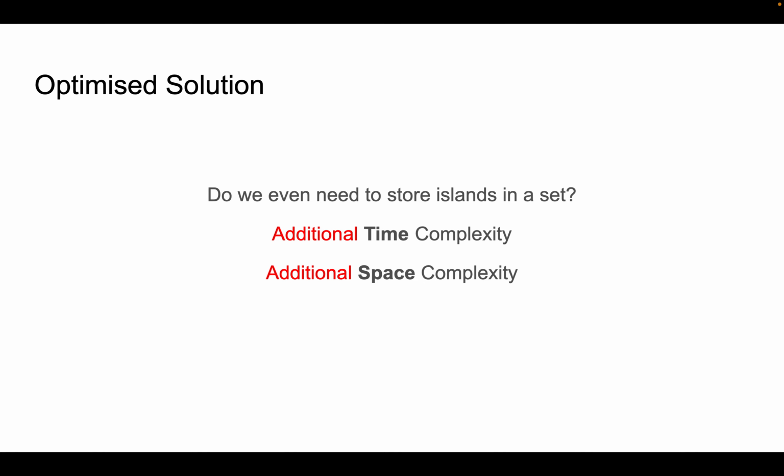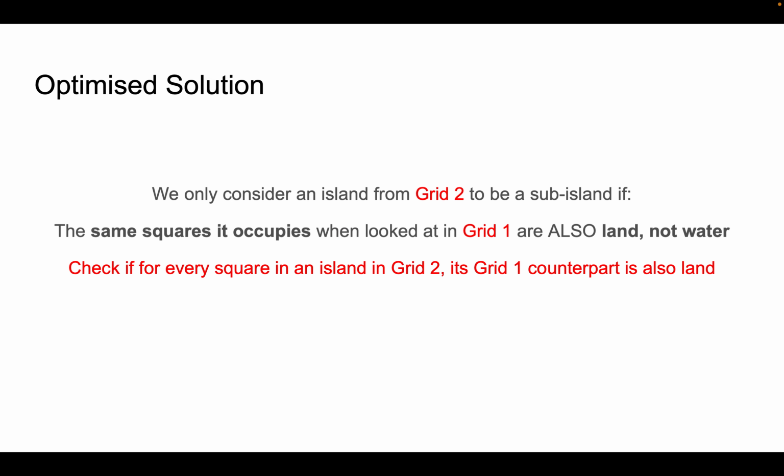So how is it possible for us to perform DFS only once on 1 grid? Here's the solution. We only consider an island from grid 2 to be a sub-island if the same squares it occupies when looked at in grid 1 are also land and not water. So we need to check that for every square of an island in grid 2, its grid 1 counterpart is also land.